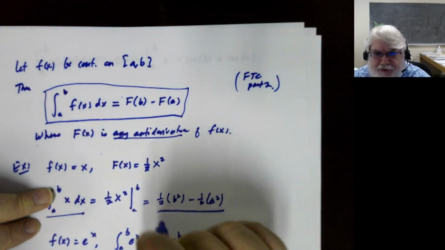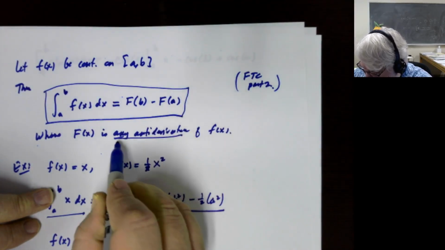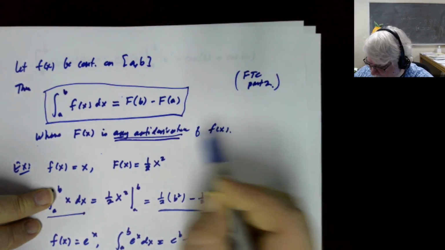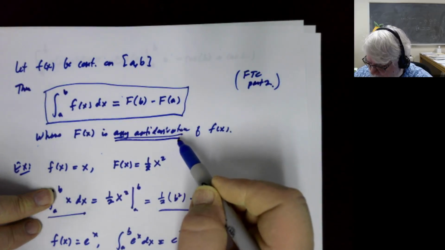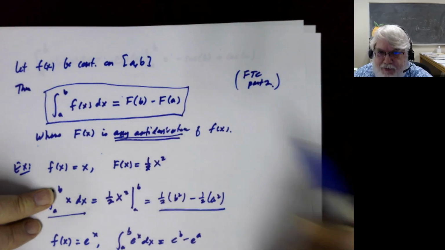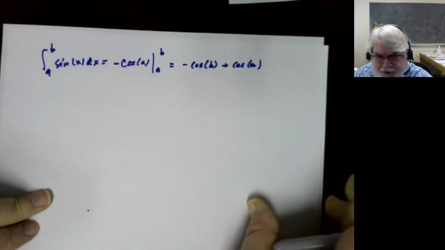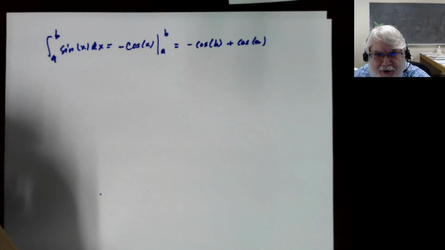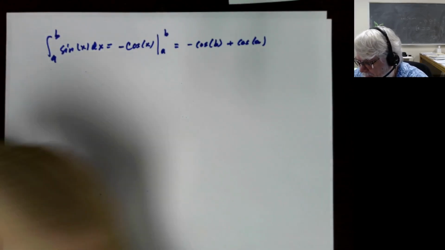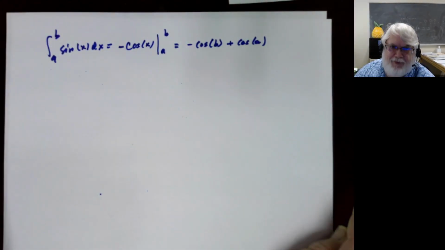And so the constant's not going to matter. And so that's why we can take any antiderivative. And so typically the antiderivative that we choose is the antiderivative where the constant is 0. Okay, good. So that's the fundamental theorem of calculus. Actually, it's part 2, but that's the one we're using in the book.